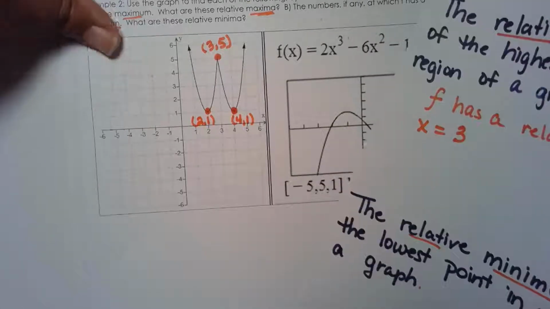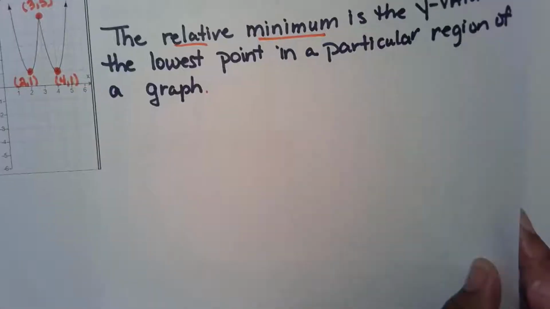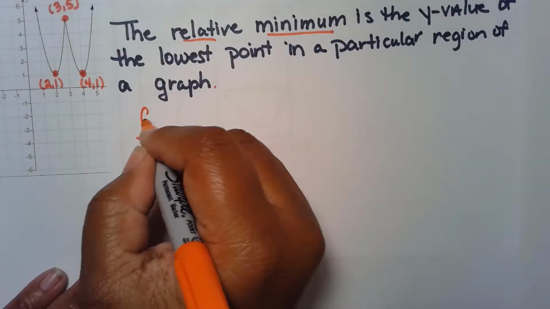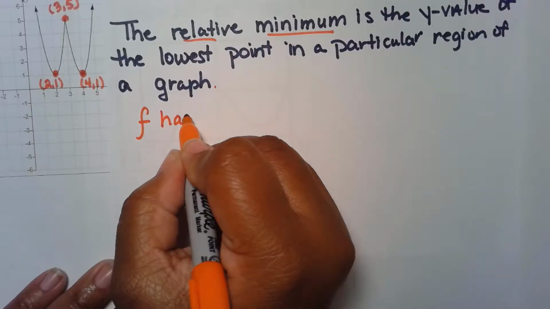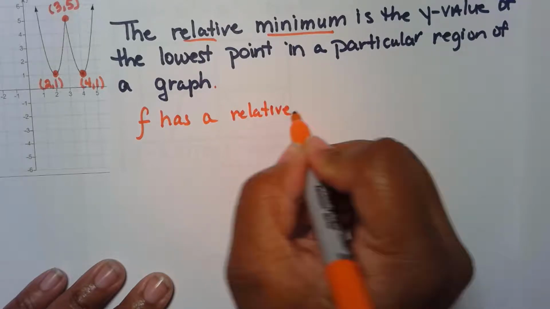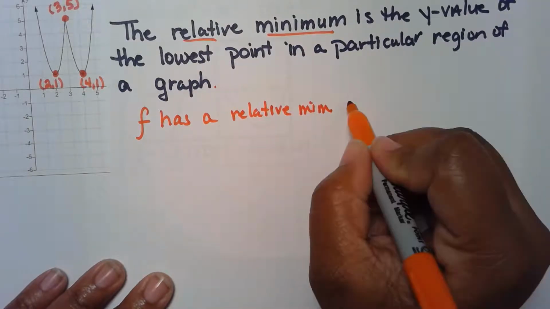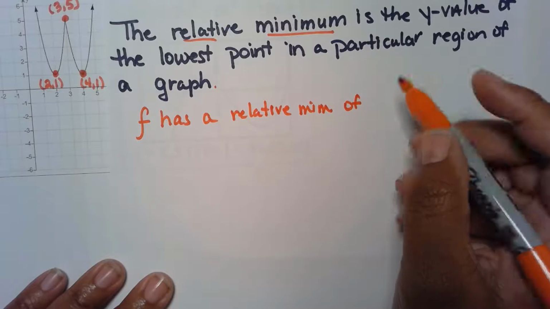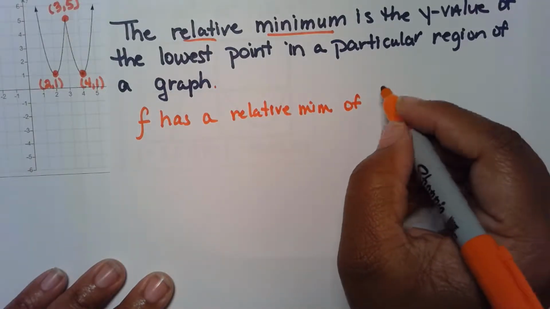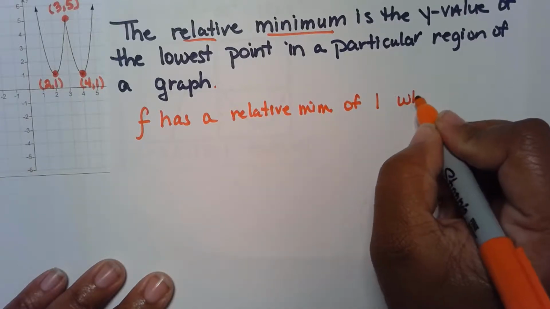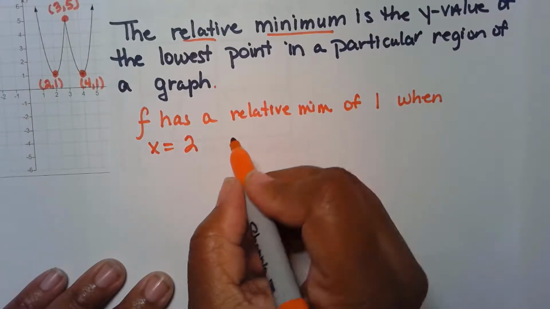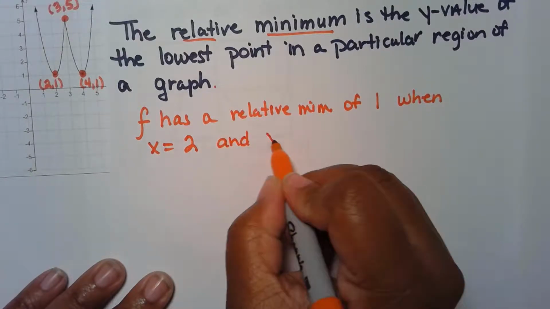So what this is saying here is for relative minimum, your function f has a relative minimum of 1 when x is equal to 2 and when x is equal to 4.